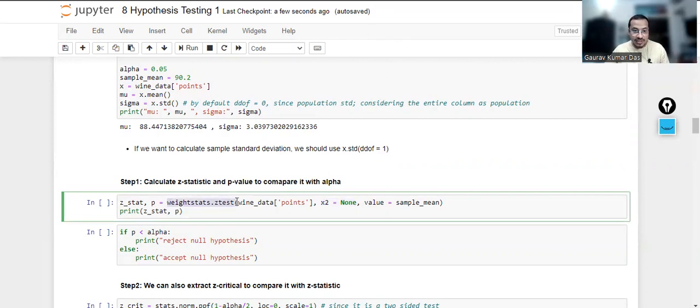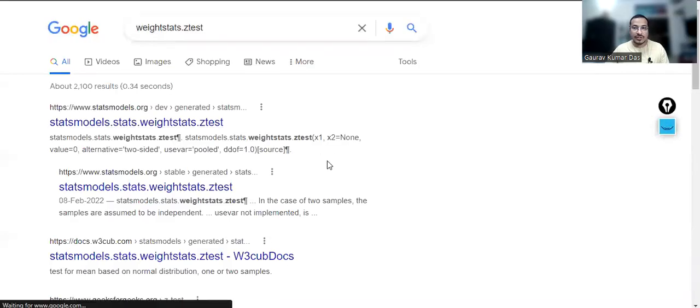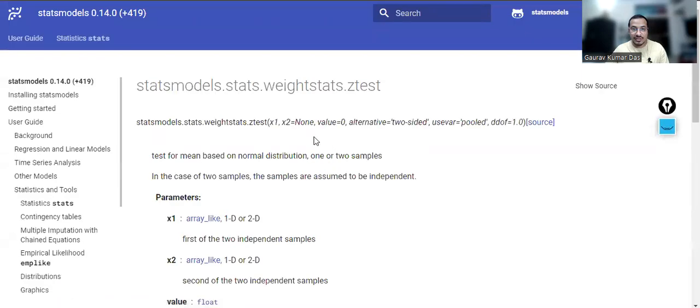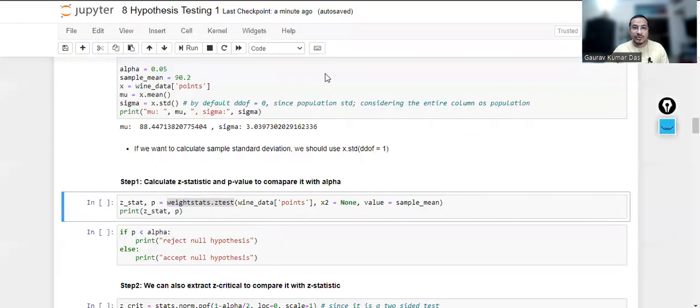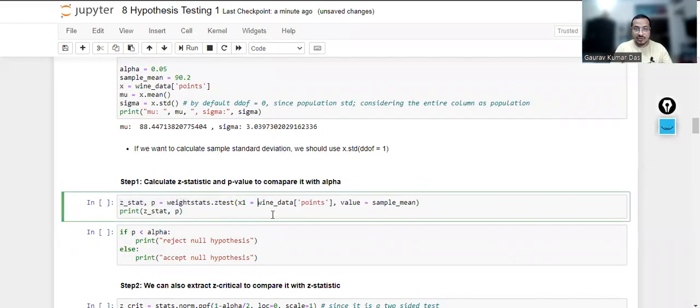So let's look at the documentation once. So x2 is None by default, so I don't need to express it here. For a one sample z test, I can simply put the array, which is x1, and the value is nothing but the sample mean which I need.